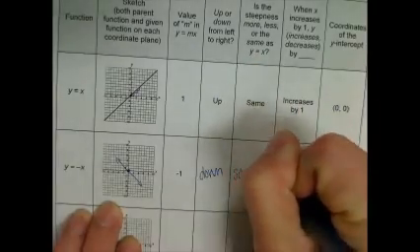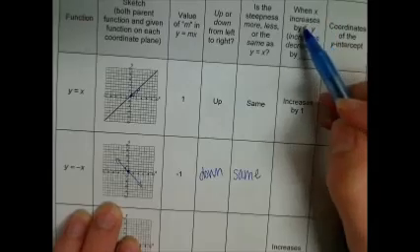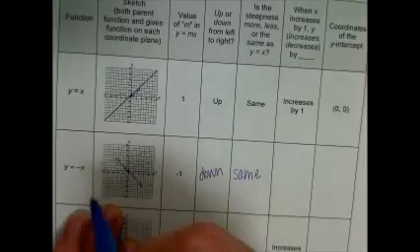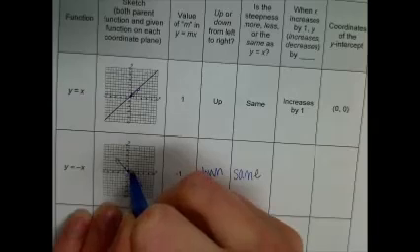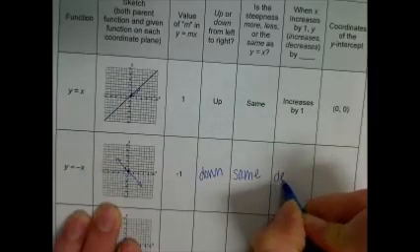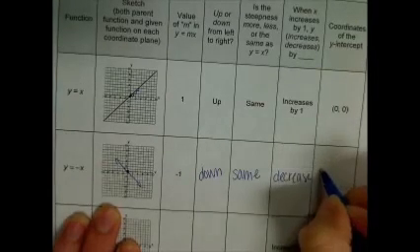The same. When x increases by 1, y increases or decreases by 1. Well, if x increases by 1, your y value is now going to decrease. The coordinates of your y-intercept are still 0, 0.